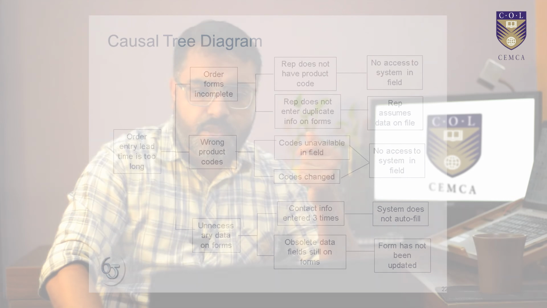So that's how we find the actual root causes from the list of all the potential root causes that we had. We use the 5 Why analysis to find the actual root cause. We again prioritize them using the control impact matrix, and that's where the analyze phase gets over, and we have identified the root causes.